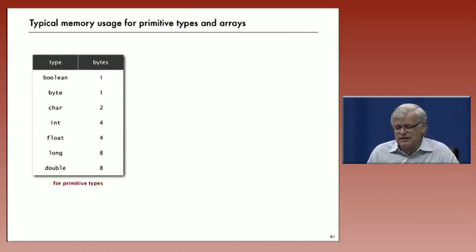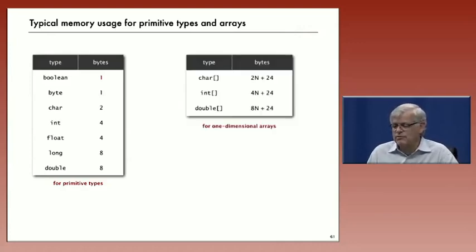Not that long ago, we used 8 bits for chars. Integer, regular int, is 4 bytes, or 32 bits, and float is also 4 bytes. Long int is 8, and a double is 8. Usually we use doubles for floating point and ints for integers in most applications. So that's for primitive types.